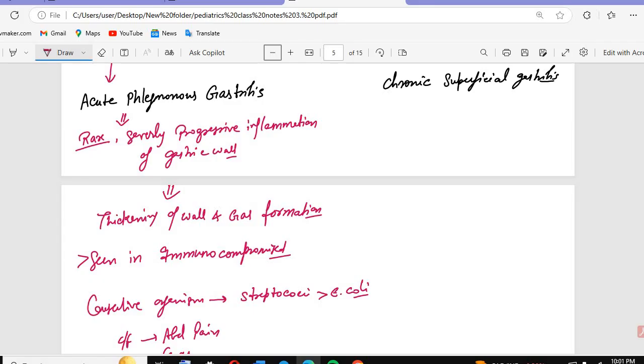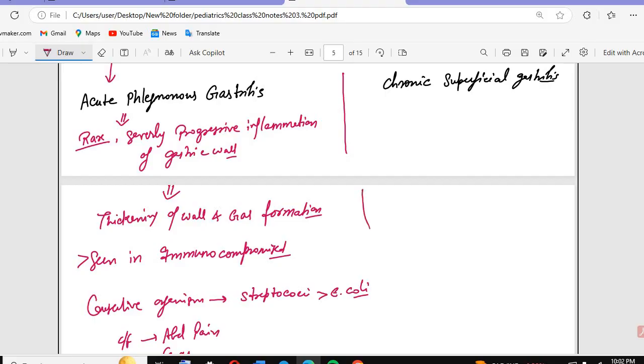There is a thickening. When we do the fibroscopy, we are going to see a thickening of the wall. And the causative organism, you have to remember, is streptococci. The patient will come to you with abdominal pain, fever, and vomiting. Okay, this is acute phlegmonous gastritis.